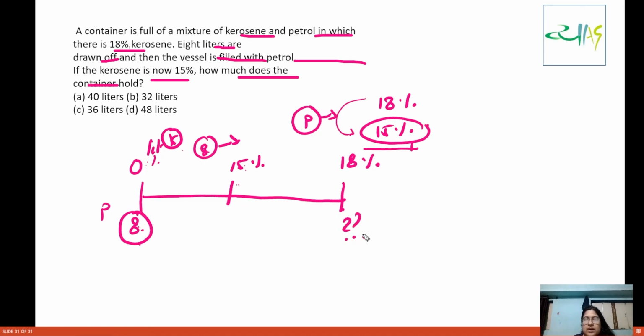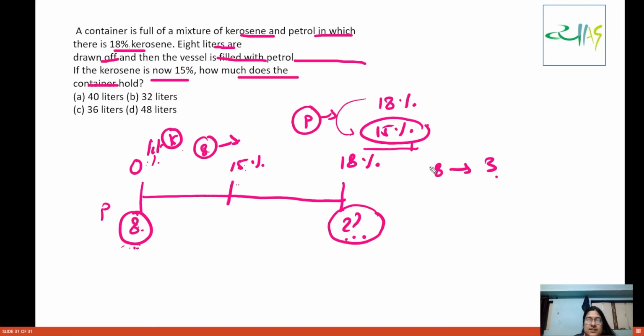Now you want this quantity. This is 8 liters of petrol, and now you want this 18% quantity. So let us find this out. What we will have here is, this 8 corresponds to this 3.